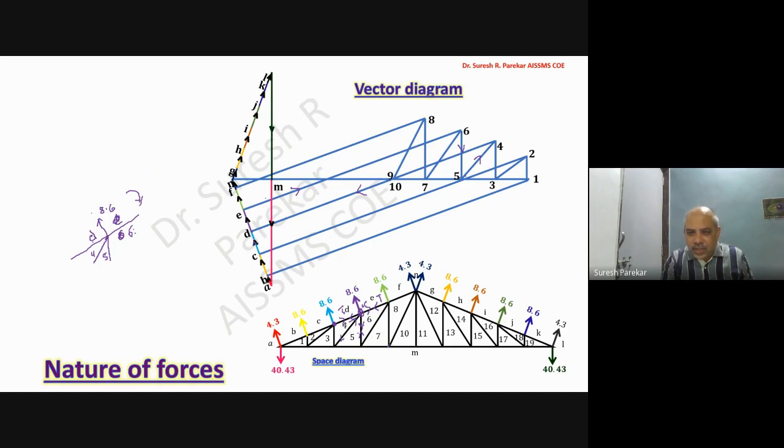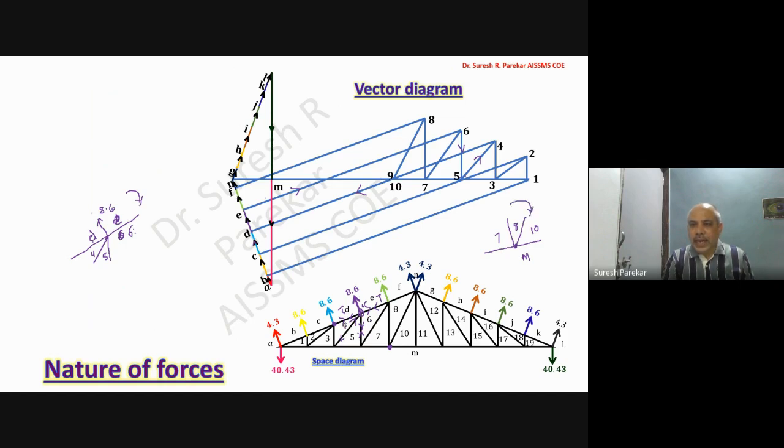Now I will consider this joint. So we have members, so I will draw this. We have this as horizontal and vertical. Then we have this space, we have 7. Then we have again one member over here. Then this is 8, then we have this as 10, and then we have this as M. So now we have to go clockwise.